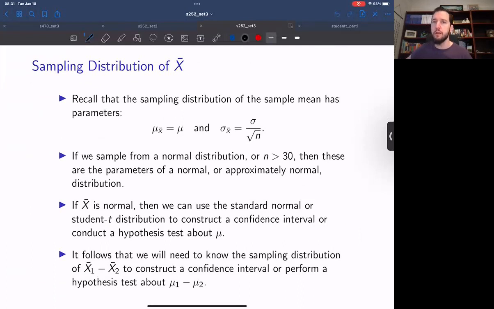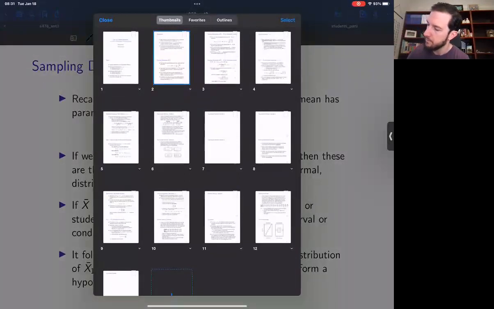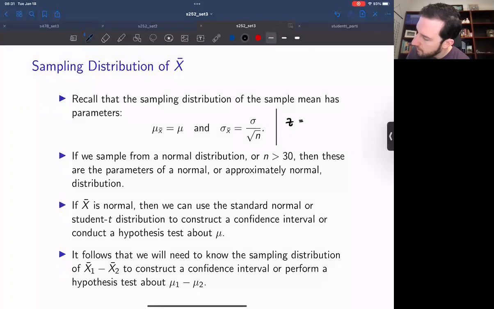So basically, if you think about the form of the test statistic for either the Z or the T tests, in the case of the Z test, we had X bar minus mu over sigma divided by the square root of n.